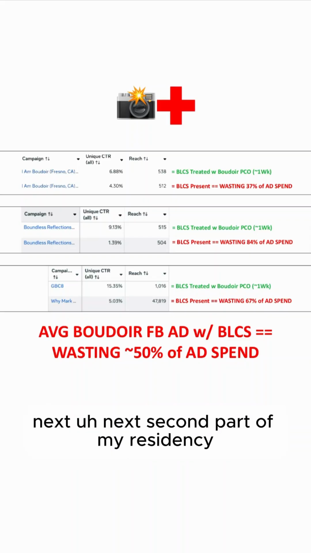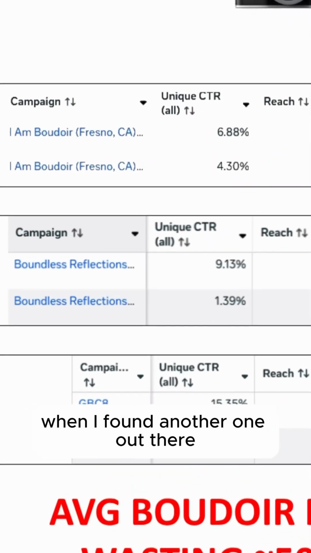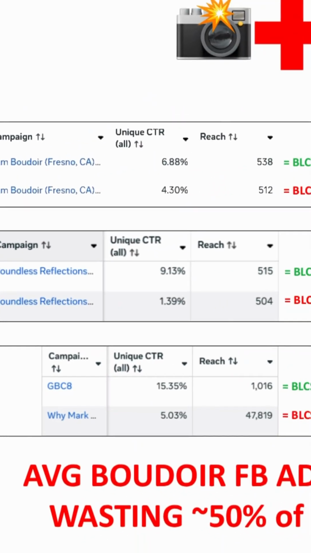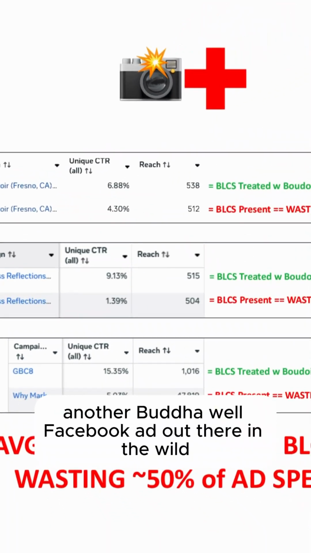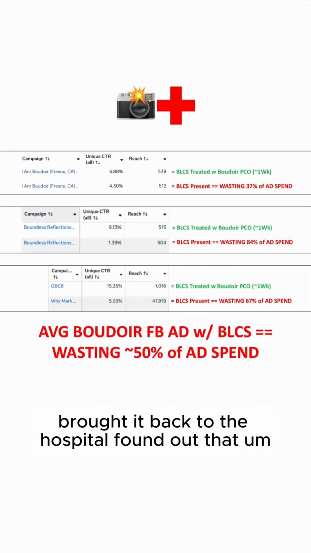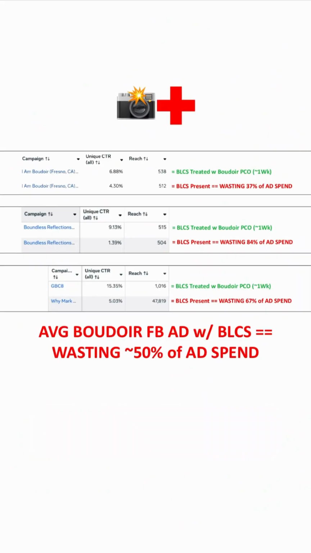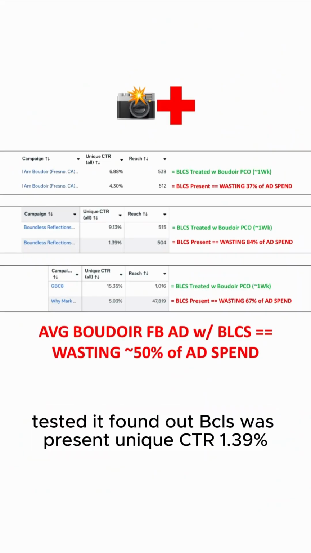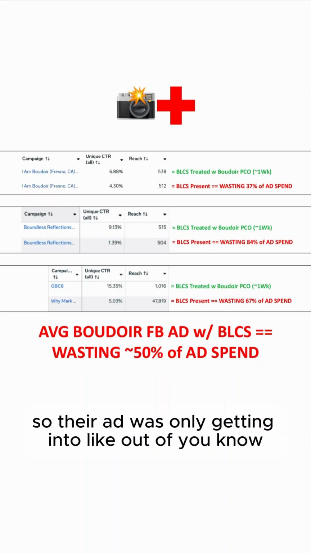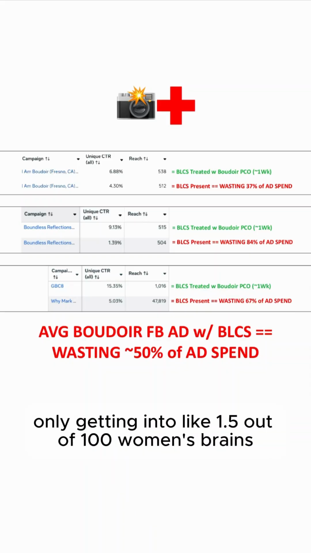Next, second part of my residency, I found another Boudoir Facebook ad out there in the wild, brought it back to the hospital, ran it, tested it, found out BLCS was present, unique CTR 1.39%. So their ad was only getting into like 1.5 out of 100 women's brains.